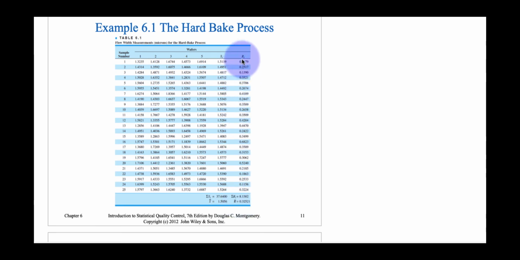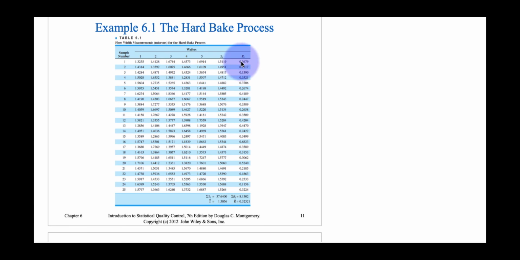Okay, ranges, what was the range? The range of a sample is the maximum value minus the minimum value. Let's check. The maximum value we have here is 1.69, and we are going to subtract 1.32, the minimum observation for the first sample. So this is the range value, 1.69 something minus 1.32 something.